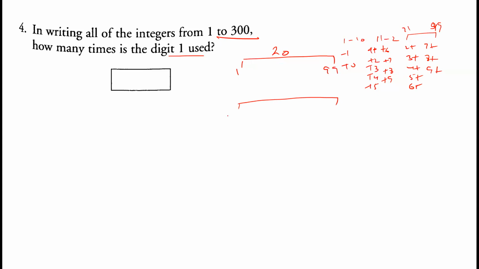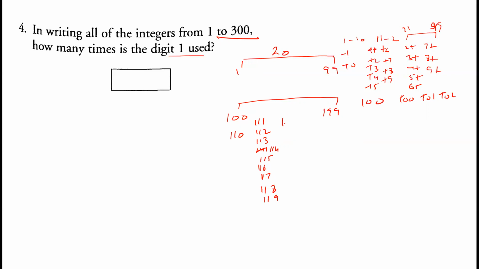Now from 100 to 199. We need to understand that there would be at least 100 ones. Why? Because 100, 101, 102, so 1 is coming at least 100 times. Now we can also have 110, 111, 112, 113, 114, 115, 116, 117, 118, 119, and 120.